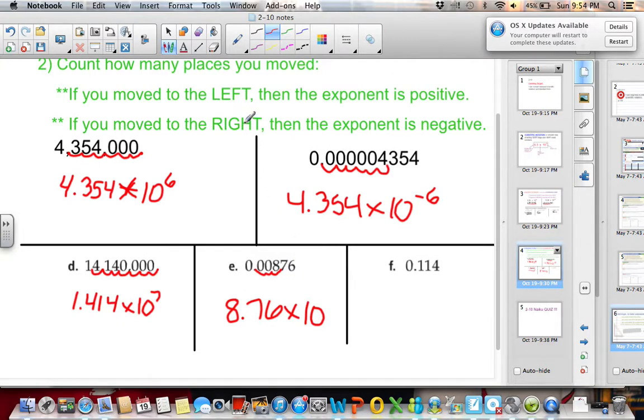I move to the right, so my exponent is negative, to the negative 3. Do this last one on your own, which is fairly simple. All I'm moving is 1 to the right. So 1.14 times 10 to the negative 1.